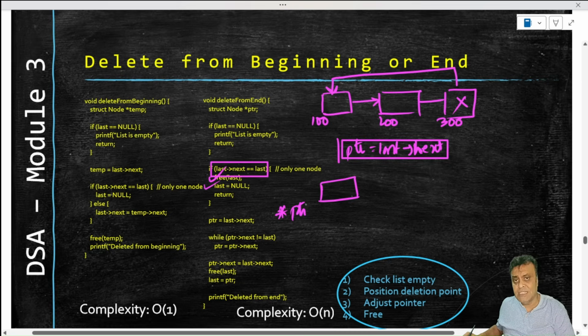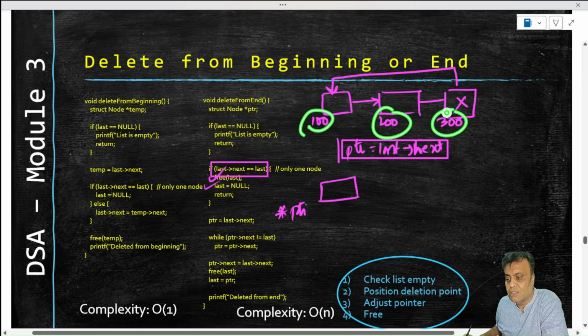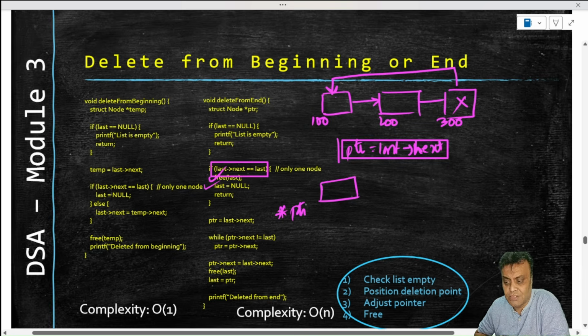So I am moving PTR forward, and finally I reach a stage where PTR next becomes equal to the last. Then it has actually reached the end point of this particular loop. So it has started from 100, 200, 300. PTR next is actually 300. Last is also 300. So I have reached the end. I'm stopping there. So my PTR will contain 300 at this point in time.